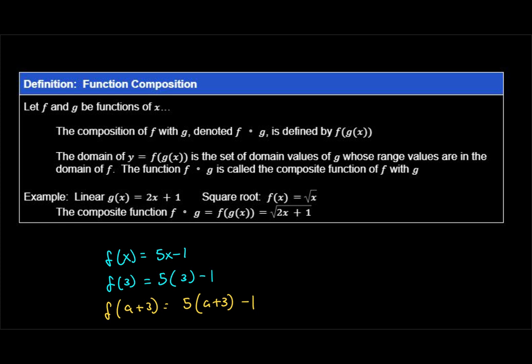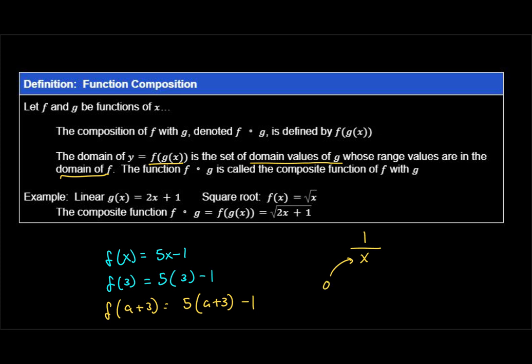Now the next notes are about the domain and range. So the domain of the composed function of f of g is the set of all domain values of g whose y values or range values are in the domain of f. And the reason being for this is you can't plug anything into f if it doesn't work. For example, if f of x is a fraction, you cannot plug 0 into the bottom of a fraction.